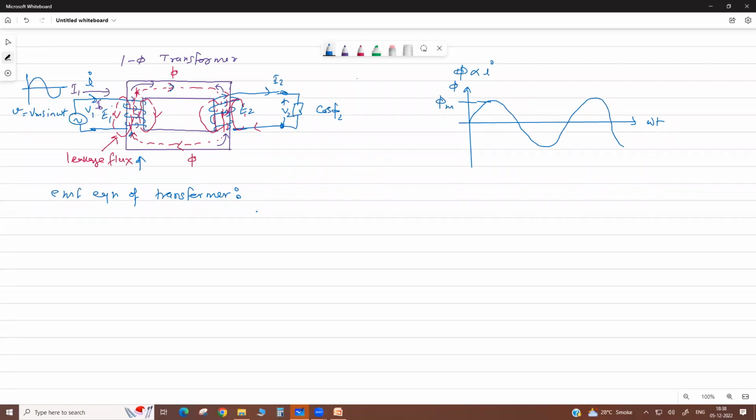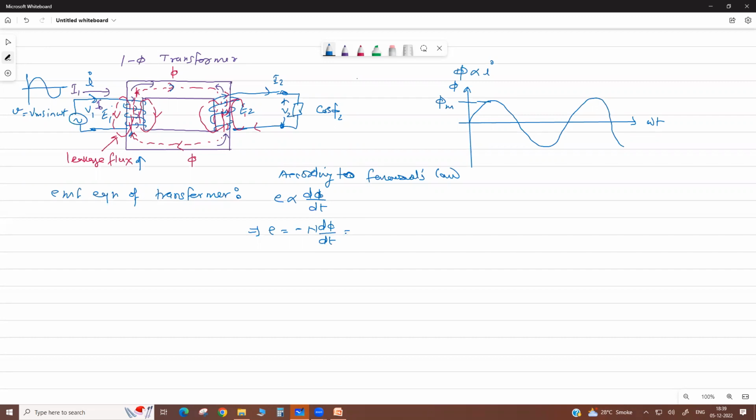Here the induced EMF E, according to Faraday's law of electromagnetic induction, is directly proportional to d phi by dt, or E equals minus N d phi by dt.